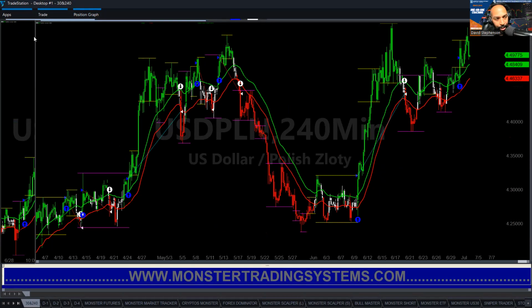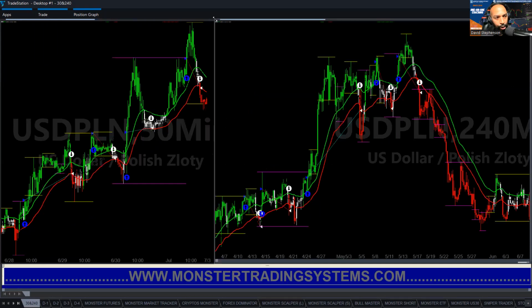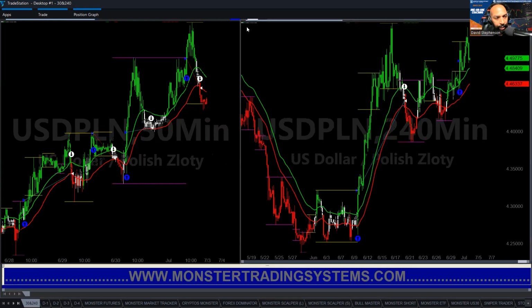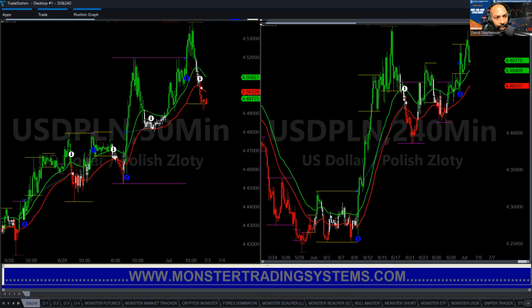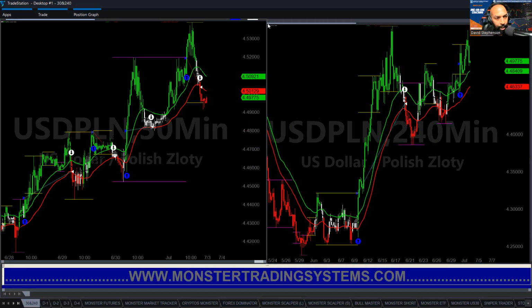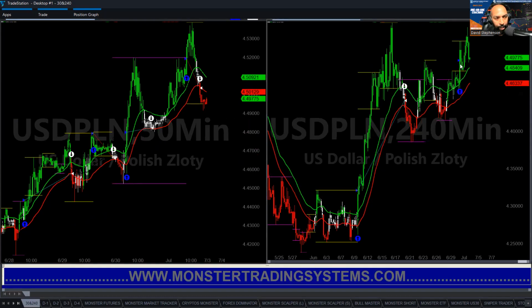Because what could happen, if you look here, is your 240 is still solid. It has pulled back a bit, but it's still in that markup phase. We've got green candles. We have a buy signal. The shorter time frame, the 30 minutes, basically shows this pullback here as this move here.